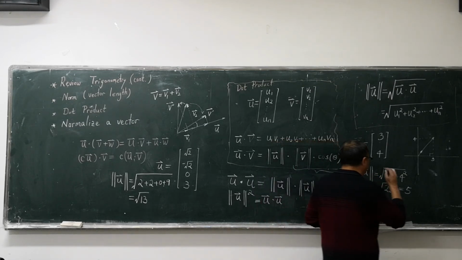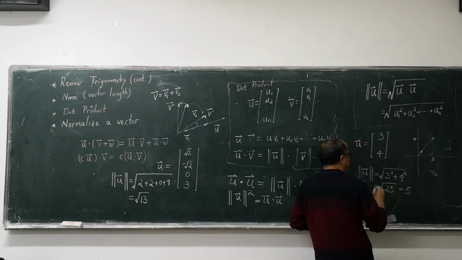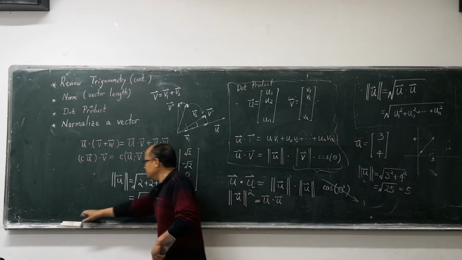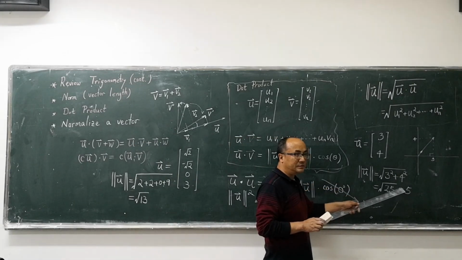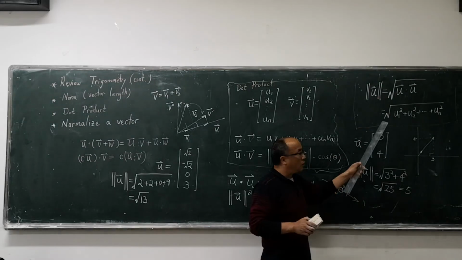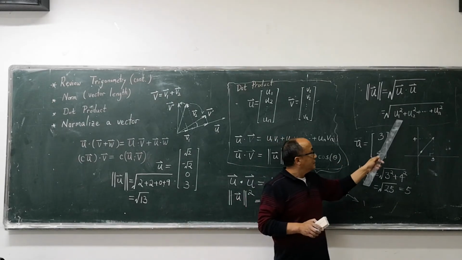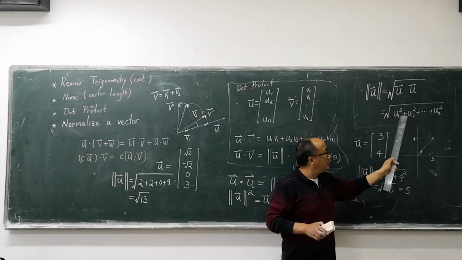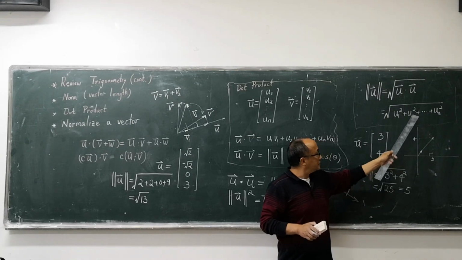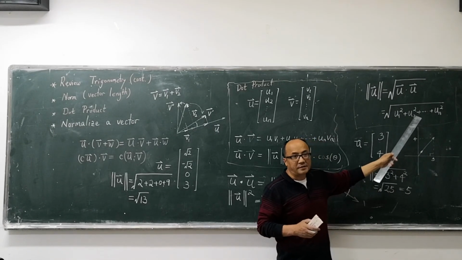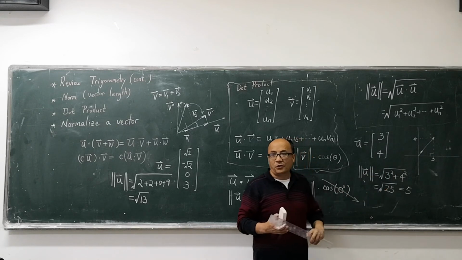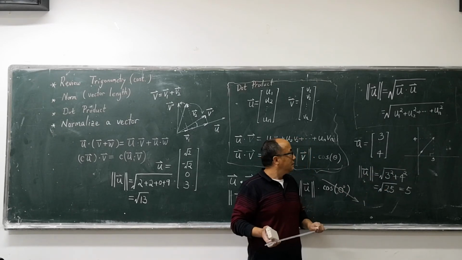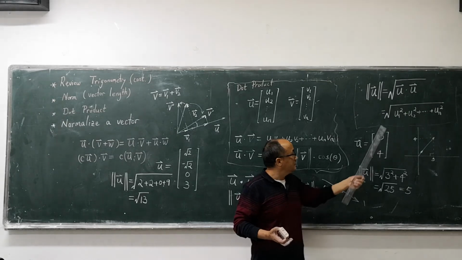So there's a special symbol for that. You already know this is a 5, okay? And by the way, I want to remind you, this is another face of the Pythagorean theorem. This is why the Pythagorean theorem is everywhere.